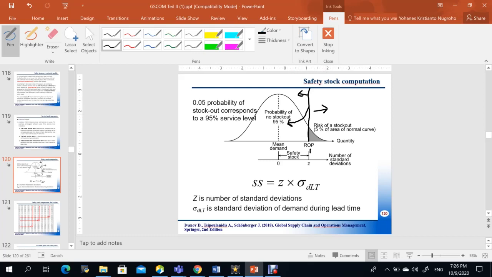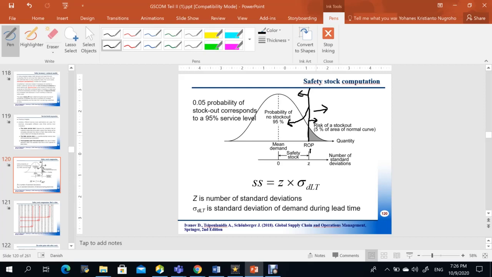And therefore, if we would like to minimize the risk, then we have to shift this line toward the right side, meaning that we increase the service level not to 95, maybe to 99%, and therefore we can minimize the risk of a stock out.